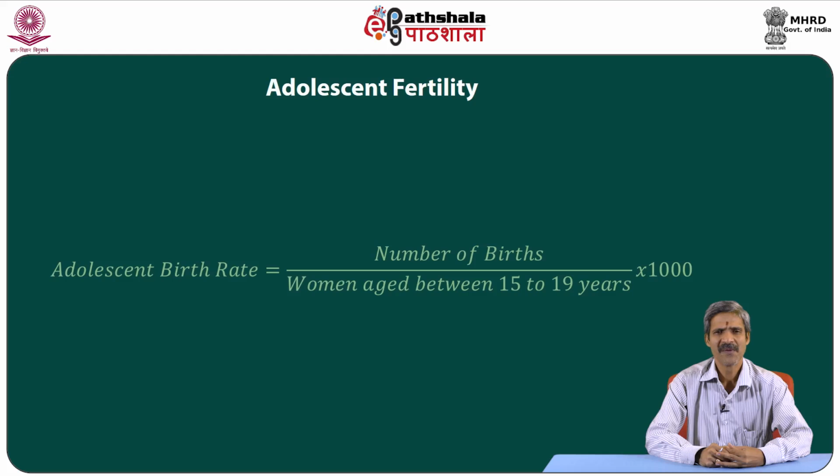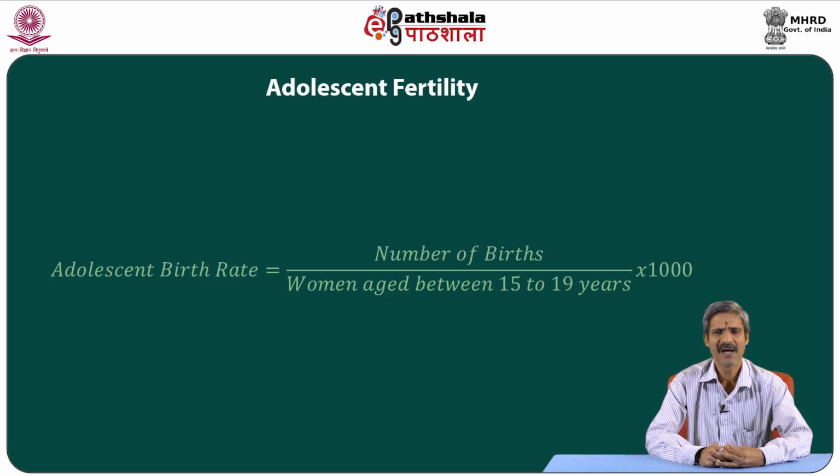Let us now move to adolescent fertility. Adolescent birth rate is the number of births per 1000 women aged 15 to 19 years. As a result of higher adolescent birth rates, early childbearing will be more common, and one has to understand the implications of early childbearing.